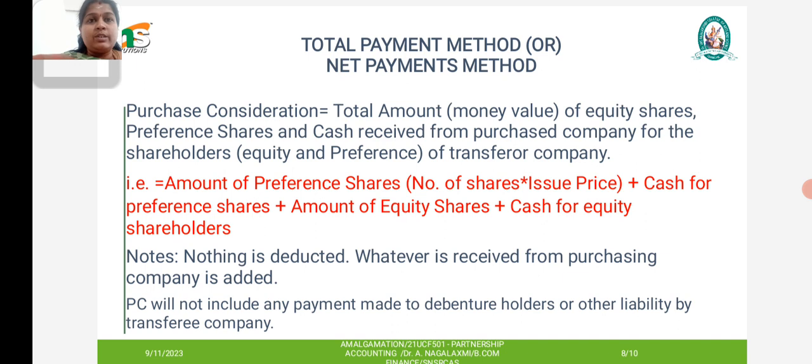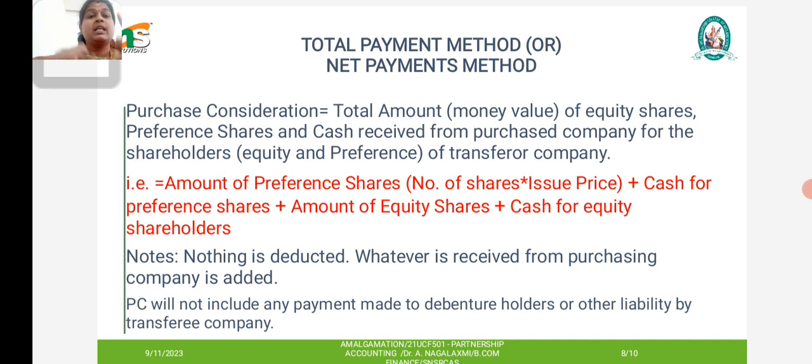The shareholders include equity shareholders and preference shareholders of the transferor company. What are the things included in purchase consideration? That is the total money value of the equity shares, preference shares and cash received from the purchasing company for the shareholders of the transferor company.